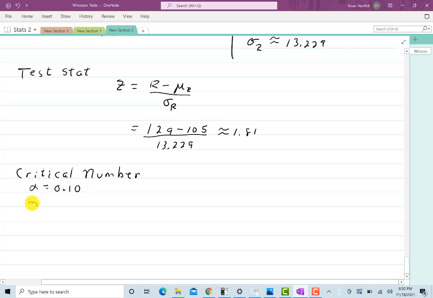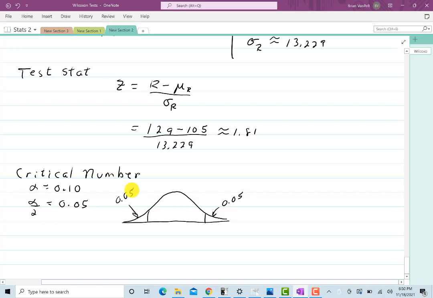We want to divide alpha in 2, so we get 0.05. And remember, this is a normal distribution. So we're going to have 0.05 area out there and 0.05 area inside of there.